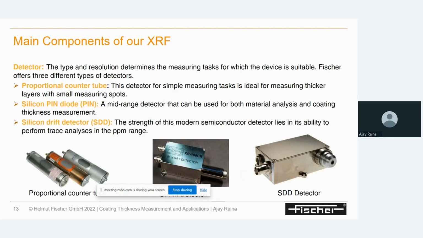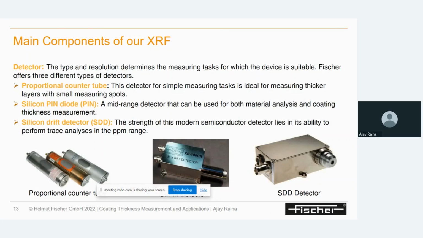Then if you have a mid-range need, you want to do composition analysis as well as coating thickness, then we can choose the mid-top instrument, which will have a silicon PIN. And if you want to do coating thickness from aluminum itself, then we can choose the silicon drift detector.